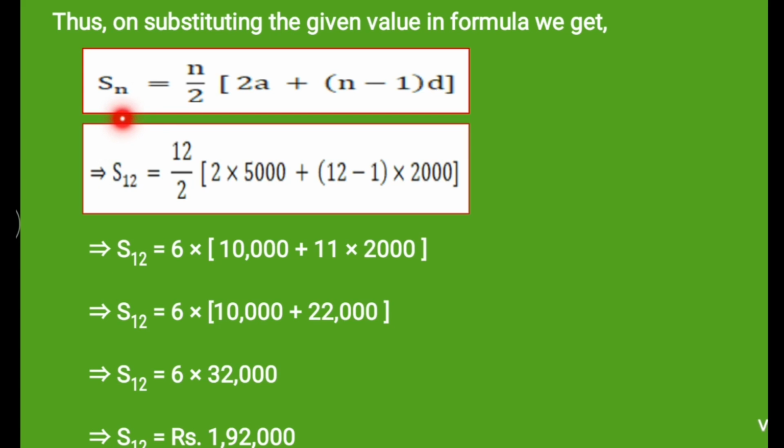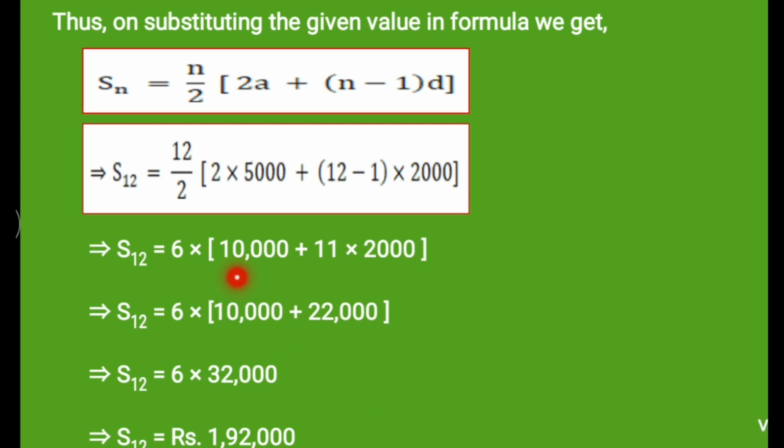We have n equals 12. So we calculate S12 equals, we substitute this n as 12. So we write 12 upon 2. We replace the value of a, that is first term, by 5,000 and this n by 12, and this common difference d we calculate 2,000. So we write here 12 upon 2 as 6, 2 into 5,000 as 10,000, this 12 minus 1 as 11, and this 2,000 as it is.